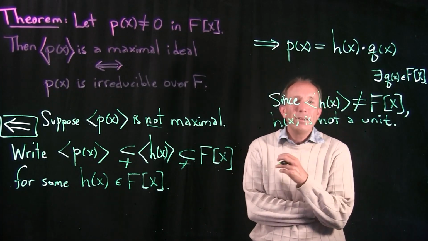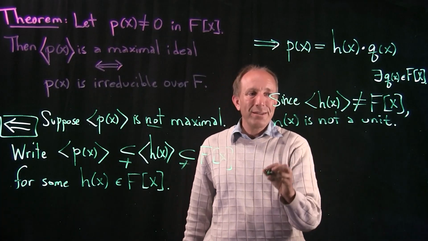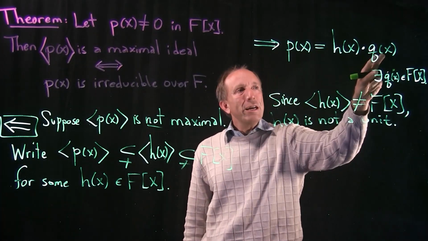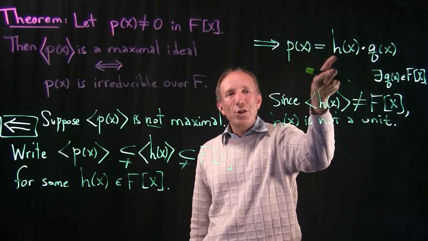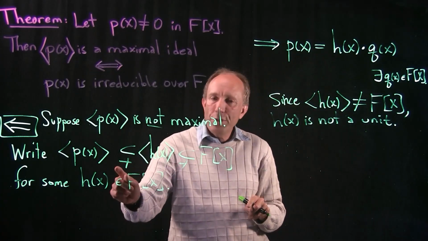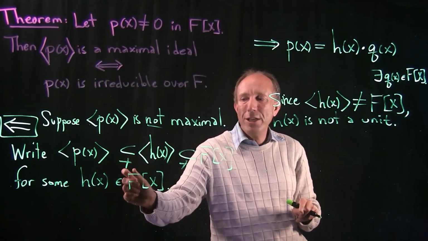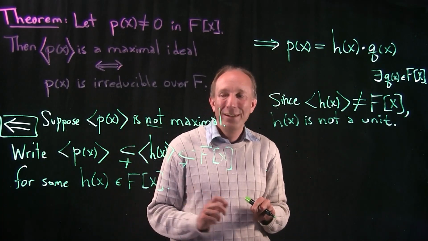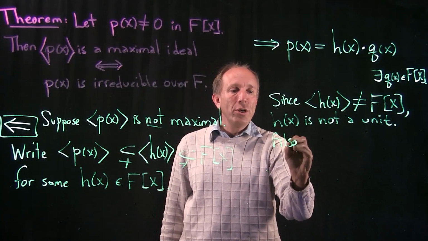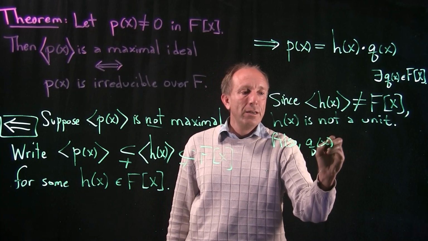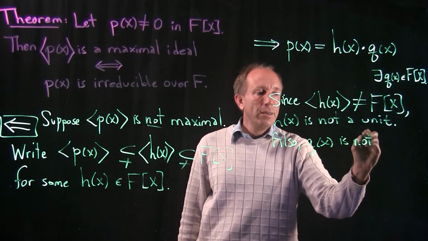On the other hand, neither is q of x. If q of x was a unit, then we actually could rewrite h of x in terms of p of x, and this first subset equation would be an equal sign, which it's not. Right? I'm going to say also q of x is not a unit.